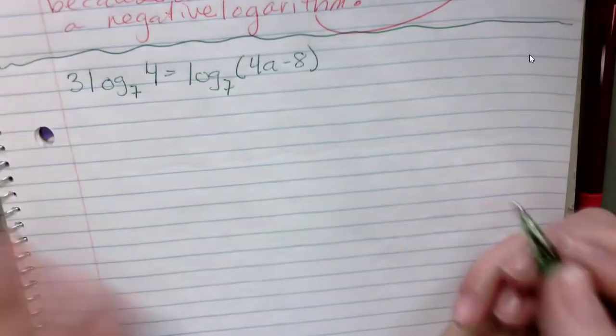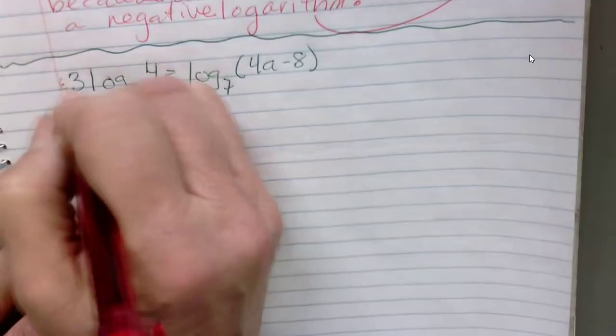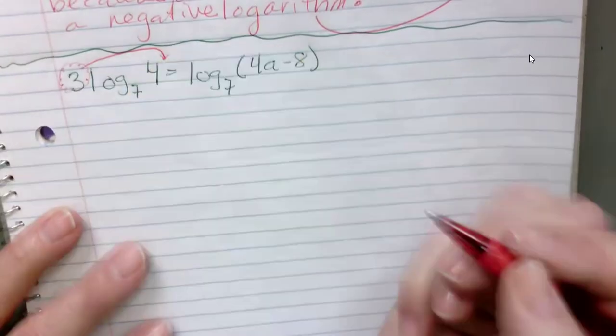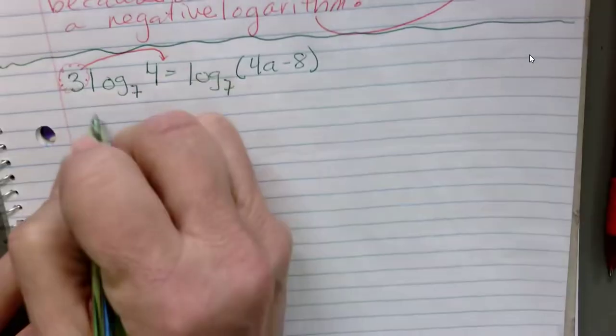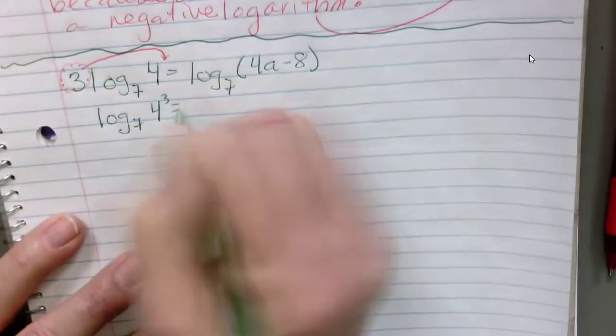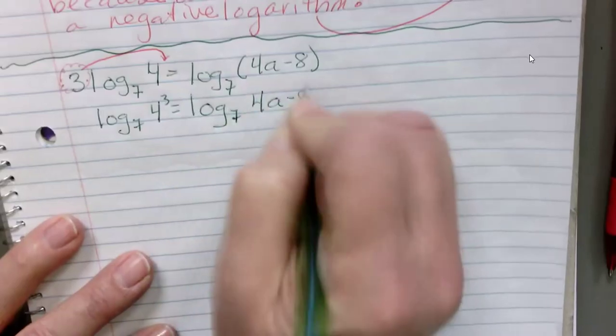Can we condense it? Yes. This 3 out here is the expanded form. We need to condense it by making that an exponent on our 4. So condensed, this would be log base 7 of 4 to the 3rd power equals log base 7 of 4a minus 8 in parentheses.